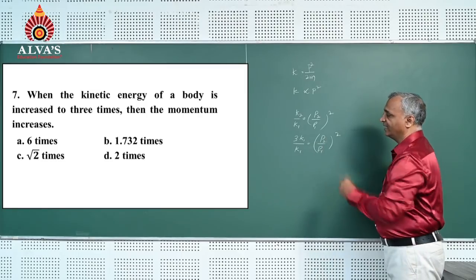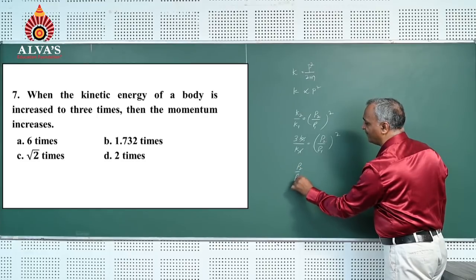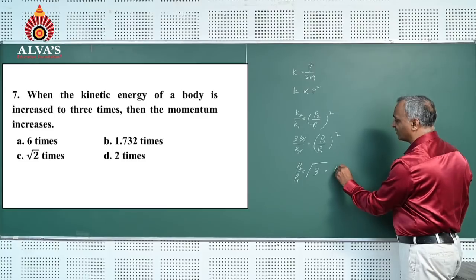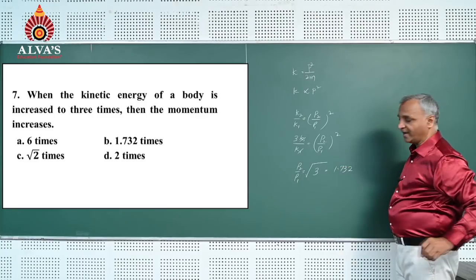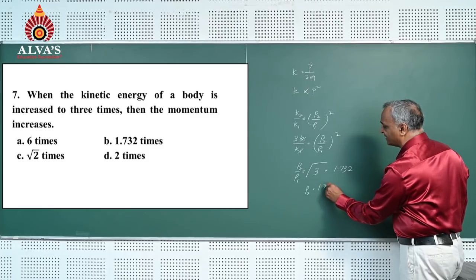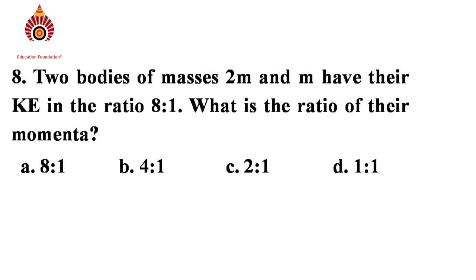So K1 cancels, so P2 by P1 will be equal to root of 3, root 3 is nothing but 1.732. And so the new momentum will be 1.732 into P1. So it will be increased to 1.732 times. So I'll go for option B.